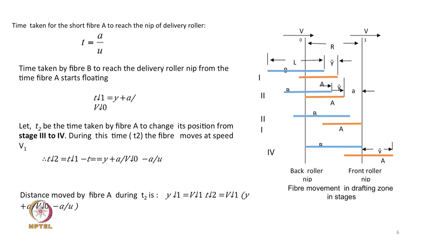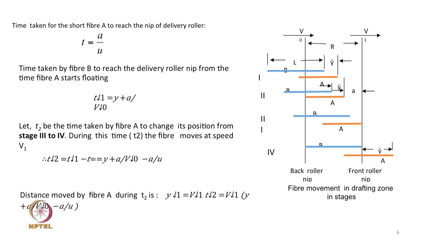But the long fiber, fiber B, represented by the blue line, is under positive control of the back pair of rollers, and therefore it is moving at the speed of the back roller. Now, when the short fiber A is about to be released from the back roller nip, it has to travel a distance a, which we call the floating distance, to reach the front nip.